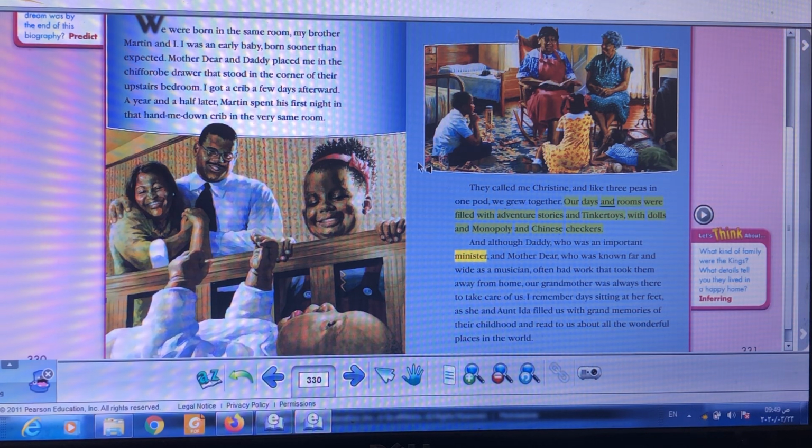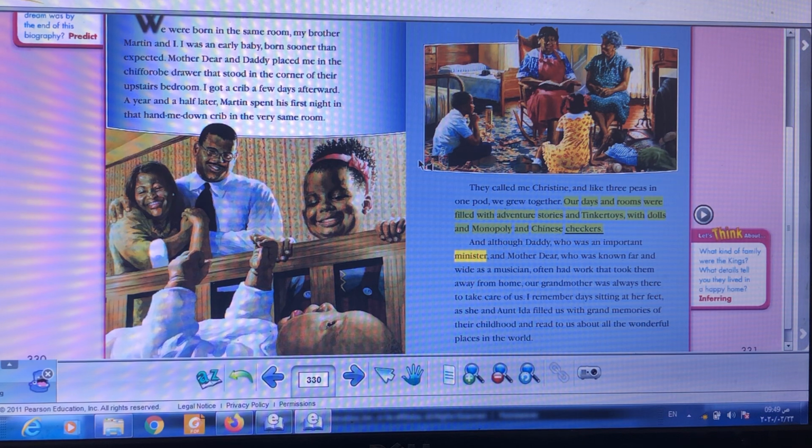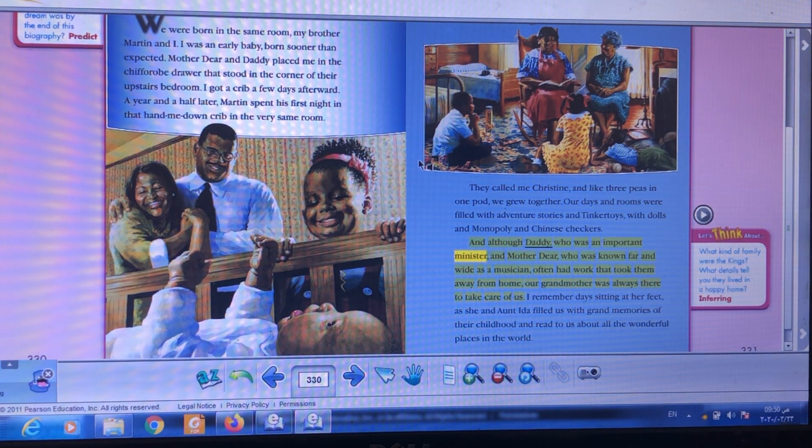Our days and rooms were filled with adventure stories and tinker toys, with dolls and Monopoly and Chinese checkers. And although Daddy, who was an important minister, and Mother Dear, who was known far and wide as a musician, often had work that took them away from home, our grandmother was always there to take care of us.